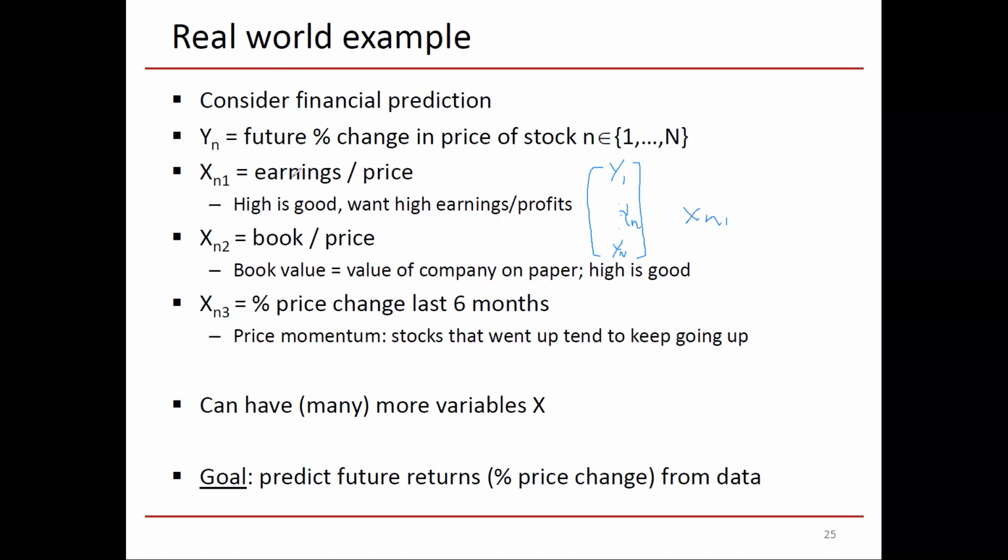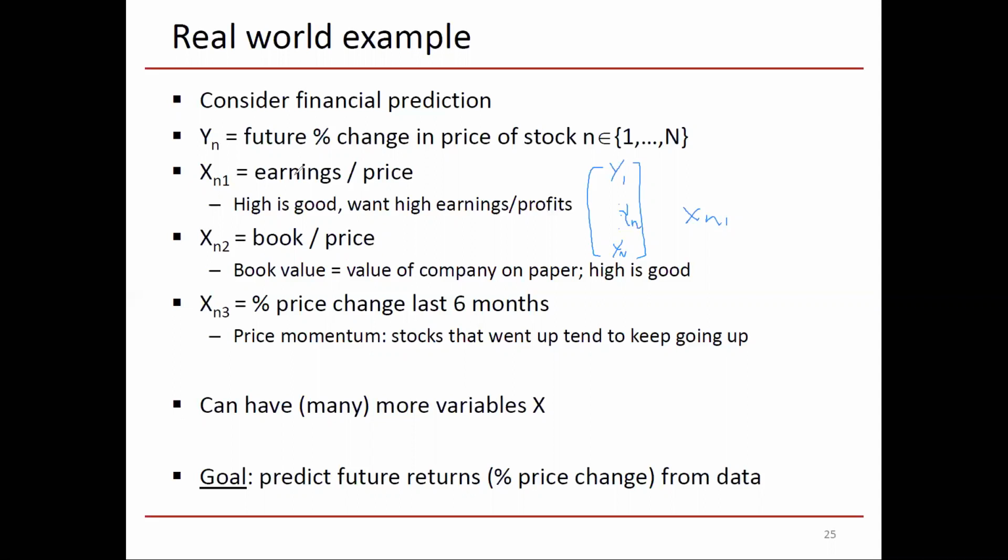Now what is earnings to price? It's the ratio between the earnings, the profit that a company has, and the price that the financial markets are pricing the company. So for example, maybe, I'm just making these numbers up, I have no idea how accurate they are.